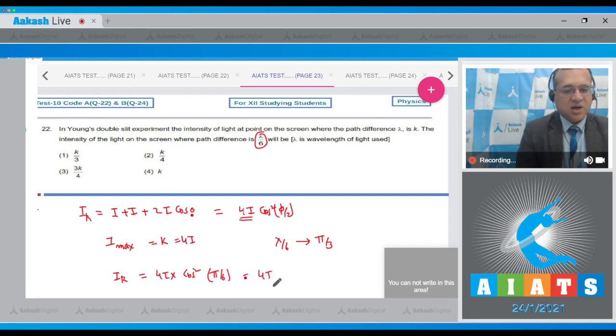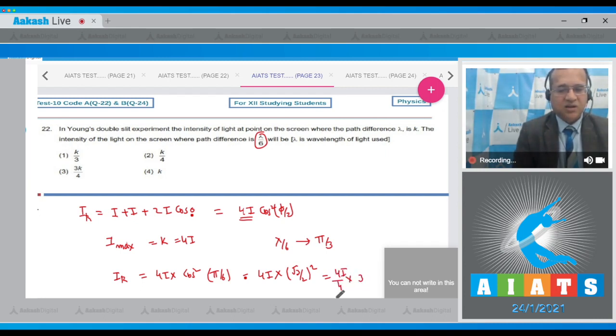So this is 4I cos square 30 degree, which is equal to root 3 by 2 whole square, that is 4I into 3 by 4, and 4I was equal to K, so this is equal to K into 3 by 4. So the correct answer is option number 3.